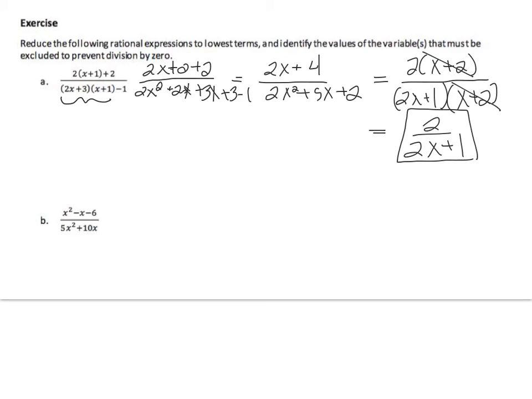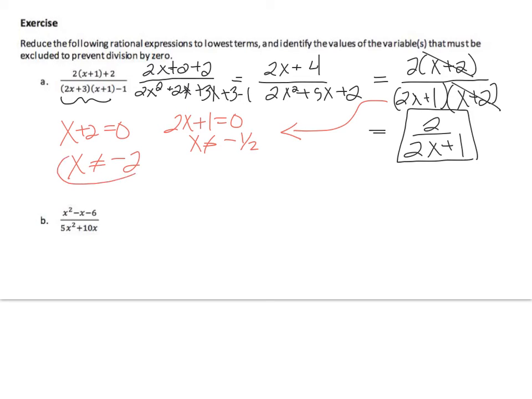Okay, as far as what your expression cannot equal, what the denominator cannot equal, I'm going to take those binomials and say x cannot equal negative 1/2. And then take the other binomial, and x cannot equal negative 2. So that's part of my answer.